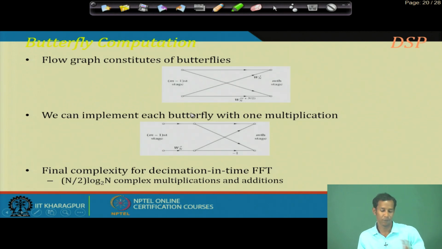If we constitute this butterfly unit and use the twiddle factor values as 1 and -1, then the requirement for complex multiplication and addition will become 4 into 3, which means only 12 at that time.